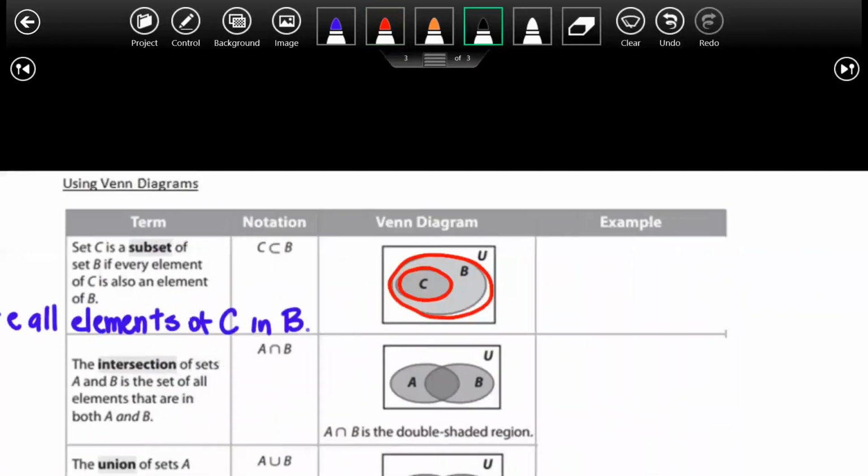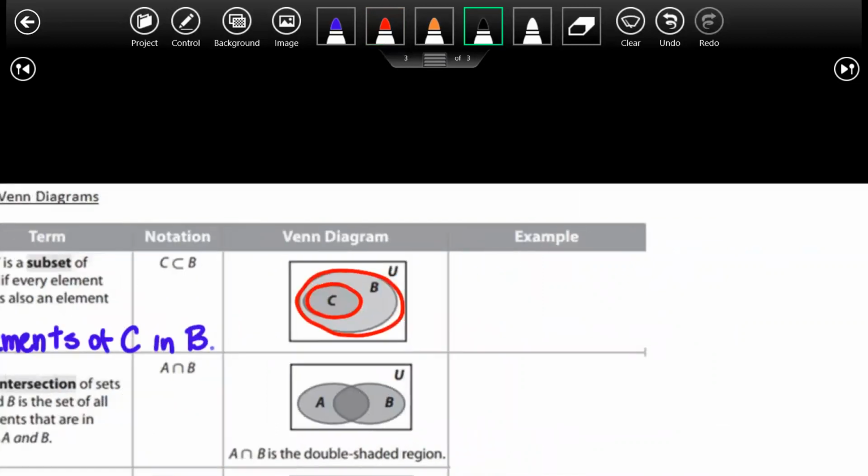Now, the way that it's going to look is, is C a subset of B? This is the way that the notation is going to look. Does C go into B? In order for us to determine that, we're just going to write out the elements. Our elements of B happen to be what? What was it? 2, 4, 6, and 8.